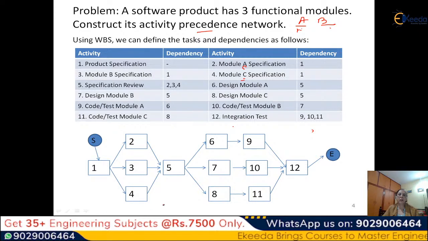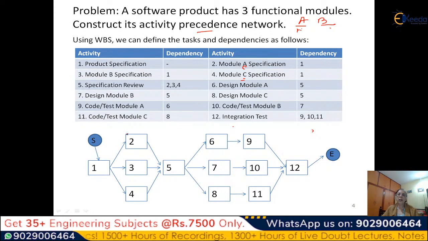Then you go to task 6, which is design of module A, then design of module B and C, then coding and testing of A, B and C. That comes to your activity number 9, 10 and 11. And then finally integration testing.